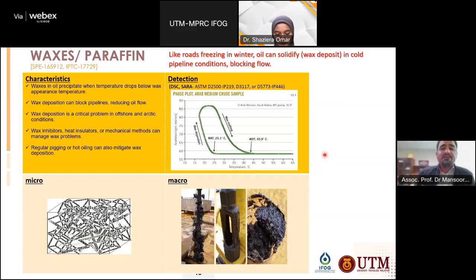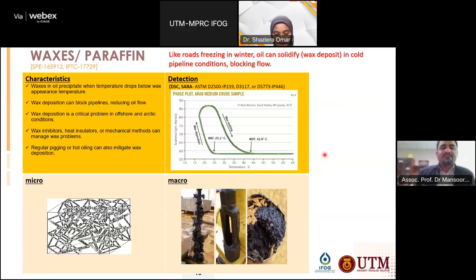As the temperature of the oil drops below this point, which is WAT, usually when being transported from the hot subsurface condition to the cooler surface or subsea, the wax begins to solidify and can start causing issues like clogging pipelines. Wax disappearance temperature is the temperature at which the solid wax in the oil begins to dissolve back into the oil.